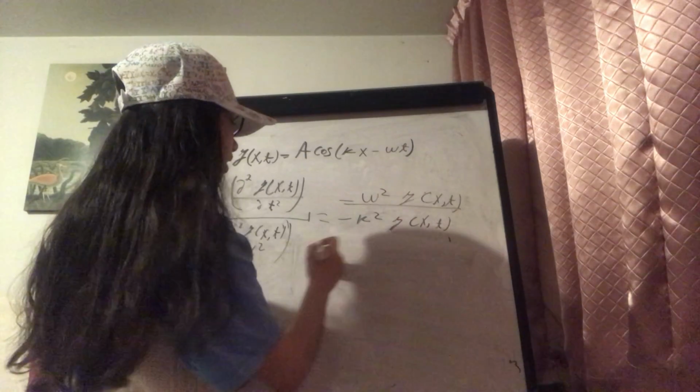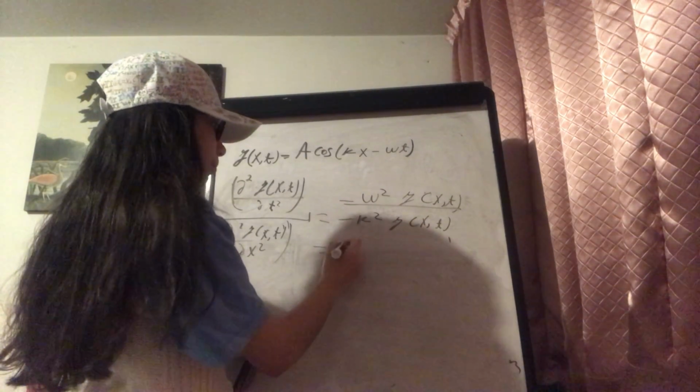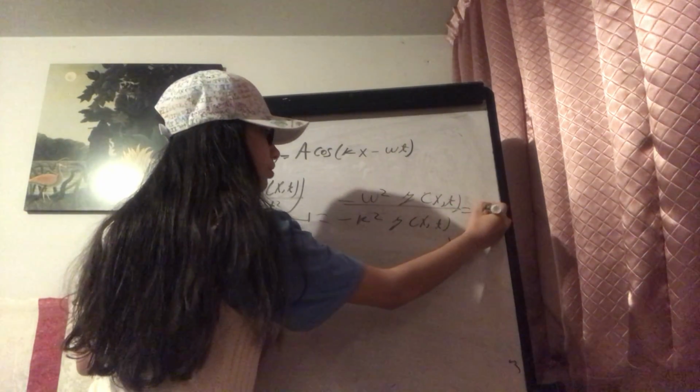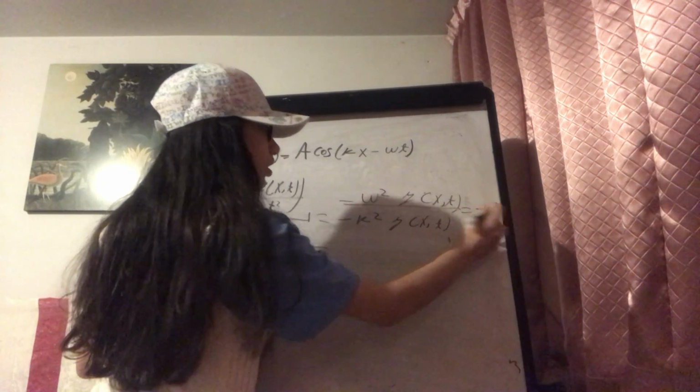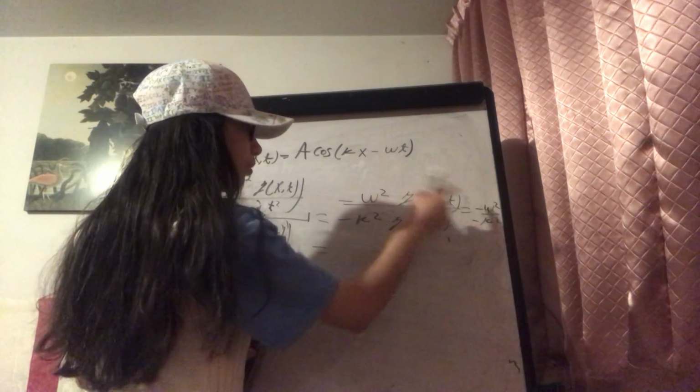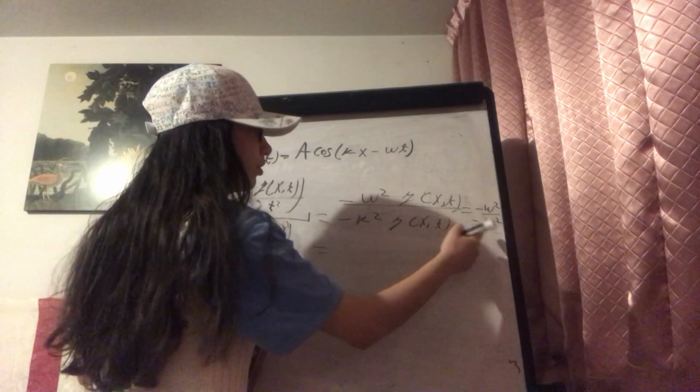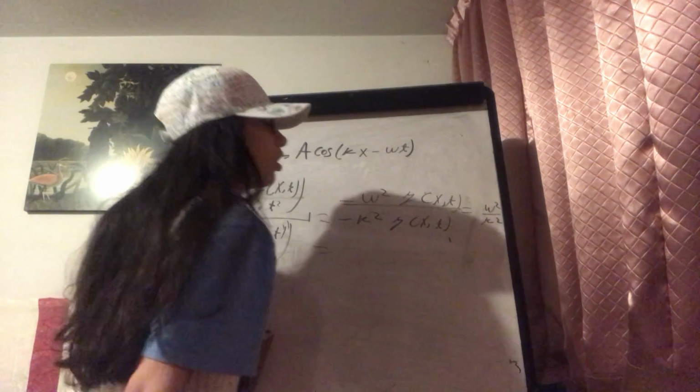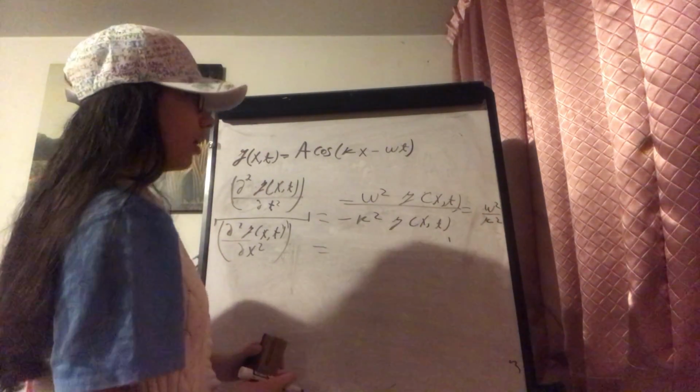Now we can cancel y and we have minus omega squared divided by minus k squared, so it is just omega squared divided by k squared.